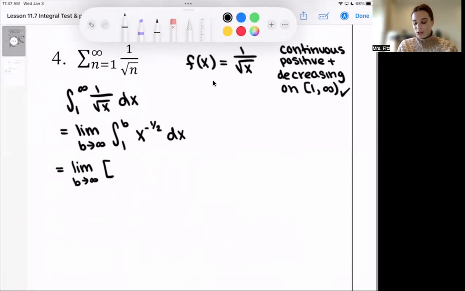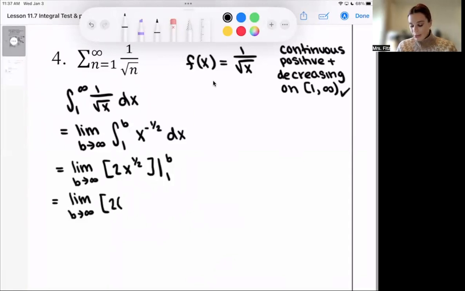Dividing by a half is just 2x to the 1/2, right? And now we're going to evaluate that from 1 to b. So we have the limit as b approaches infinity of 2 times b to the 1/2 minus 2 times 1 to the 1/2.